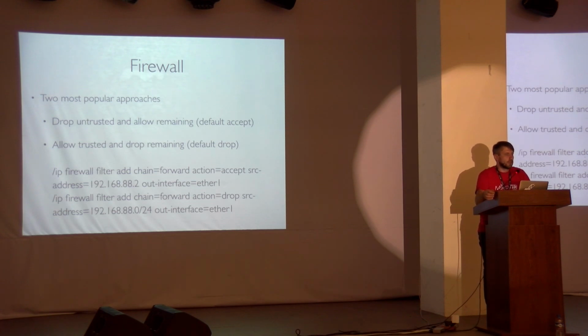You accept everything that is trusted, like all the IP addresses that you want to accept, and drop at the end all other traffic that is untrusted. Another option is that you block all untrusted traffic, like specific ports, specific virus ports and so on, and then allow all other traffic that is going to your router.